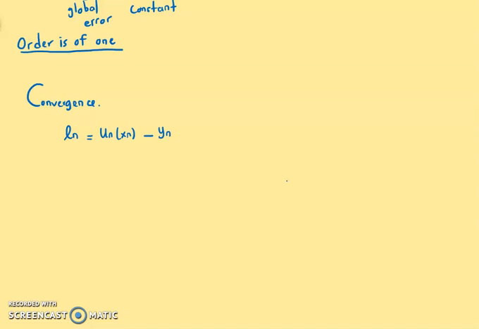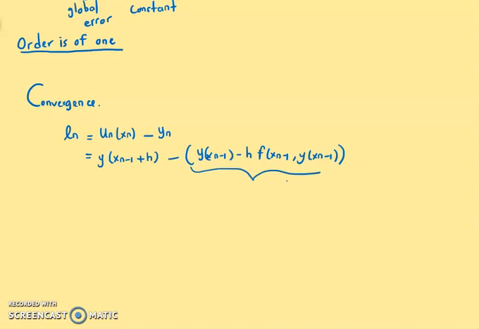The error at x n can be written as y at x n minus 1 plus h, minus the Euler method, so we have y of x n minus 1 minus h f of x n minus 1, y at x n minus 1. I hope you understand why this term becomes like this.